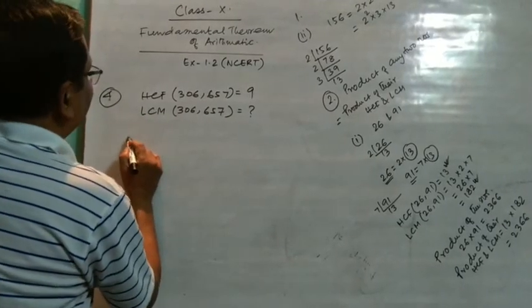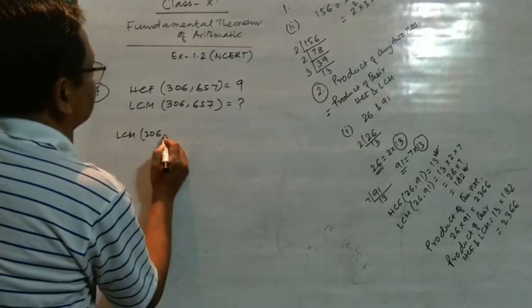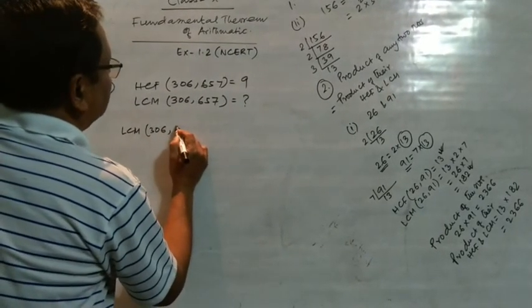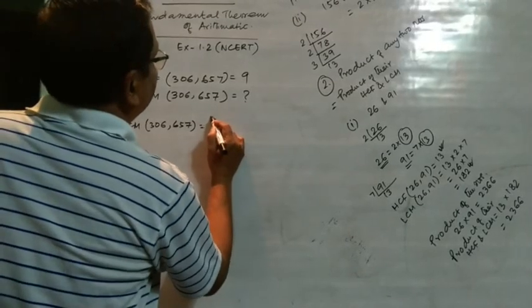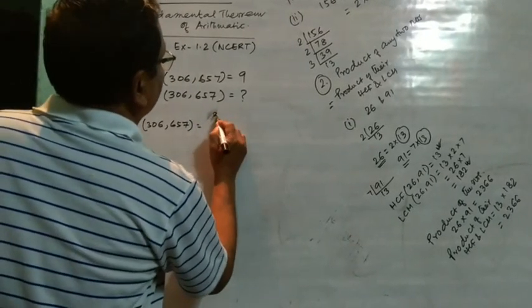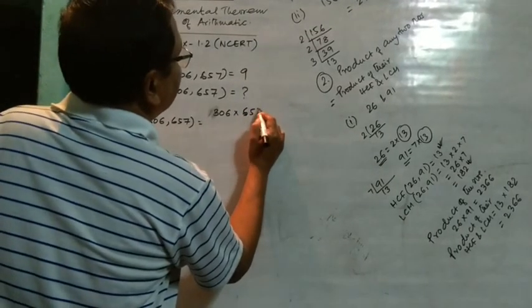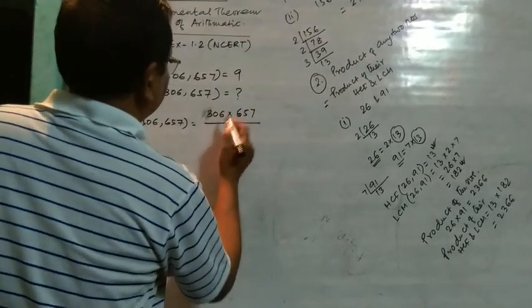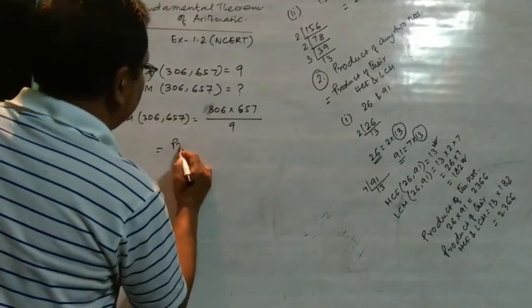Simply, you can write LCM of 306, 657 is equal to product of the two numbers, 306 and 657, divided by their HCF. That means, what is the formula?